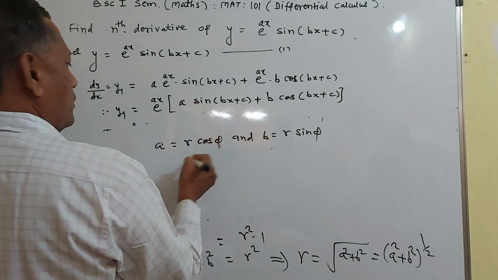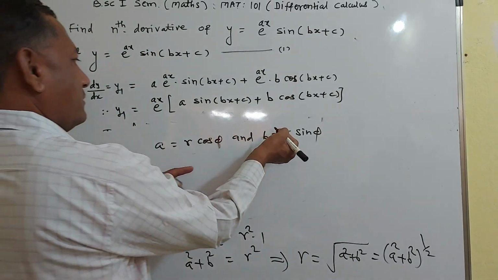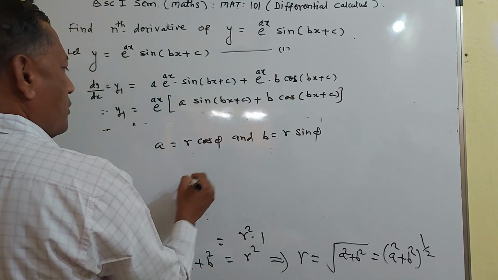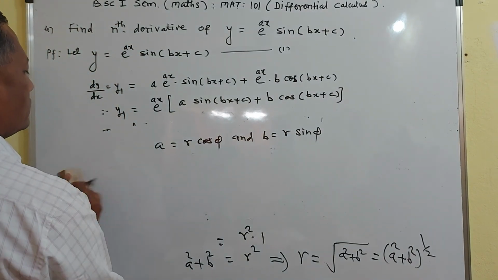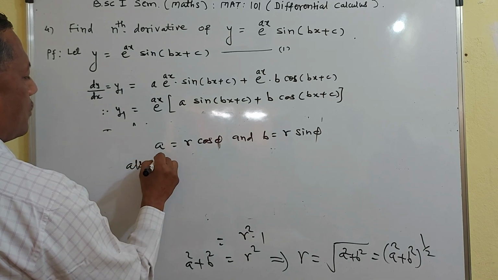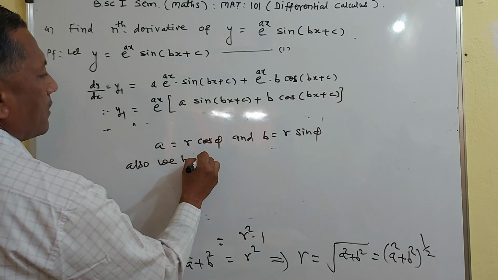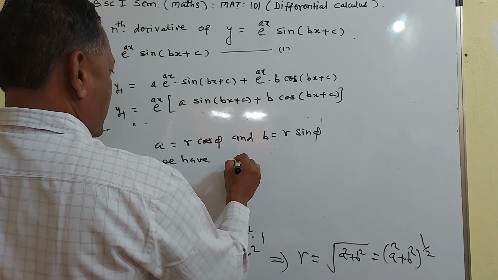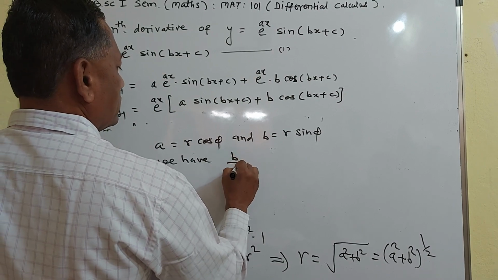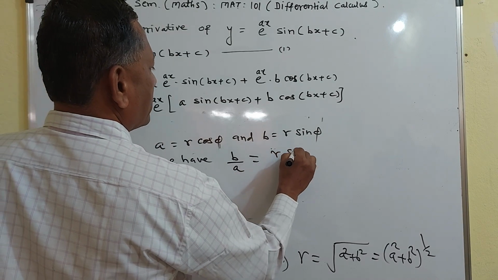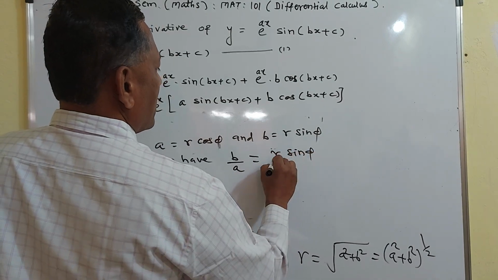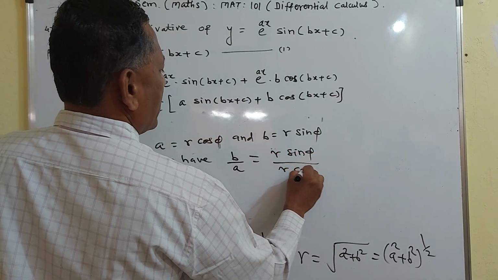Again, you divide this. What we get? b upon a is equal to r sin phi upon r cos phi.